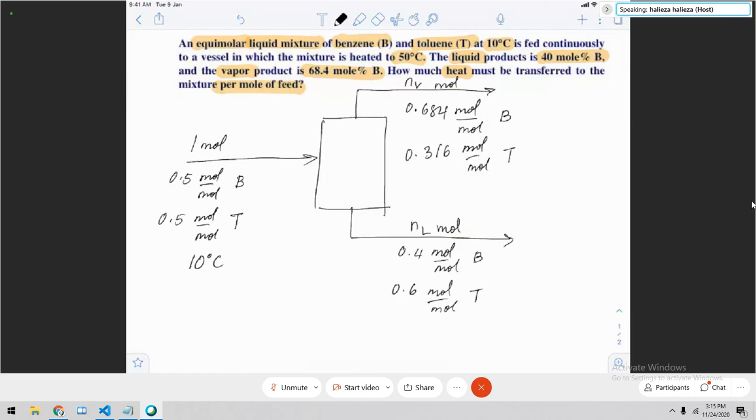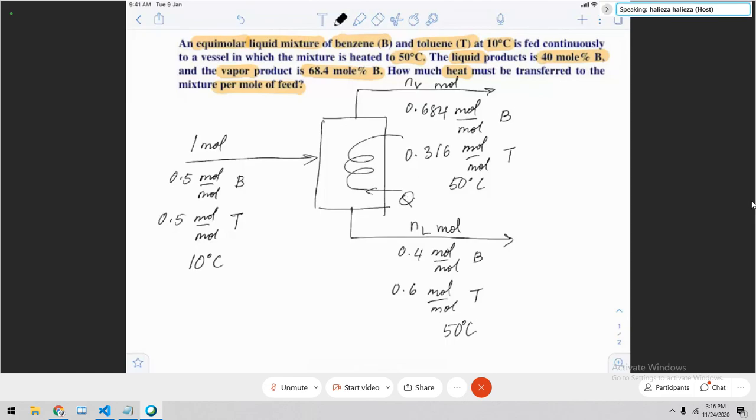What is the temperature? It's heated to 50. So this is going to come out at 50 degrees C, and this is also going to be at 50 degrees C because both of them come out from the same vessel, so both will be at the same temperature. The question is, what is the amount of heat that you're going to transfer? There's no dot over the Q because you're using just moles.